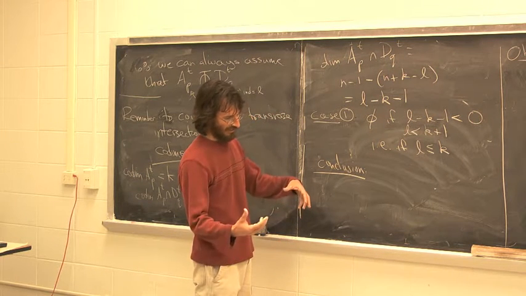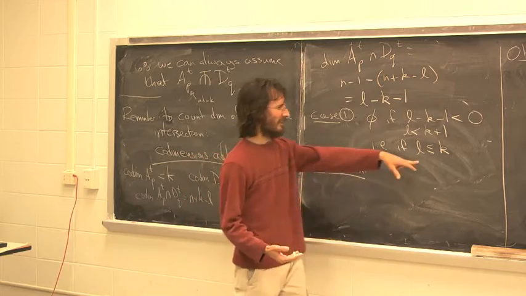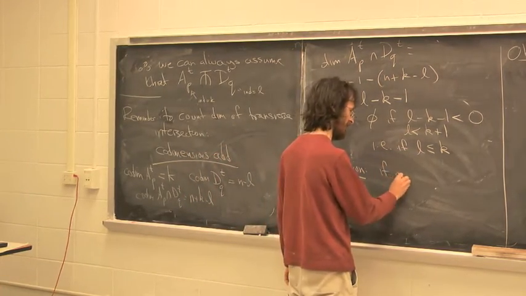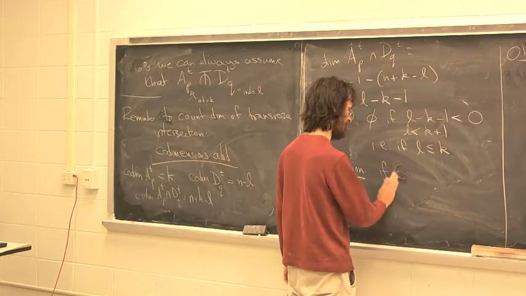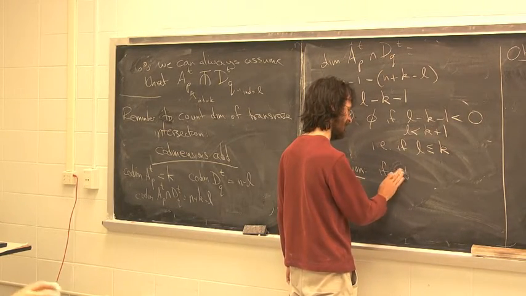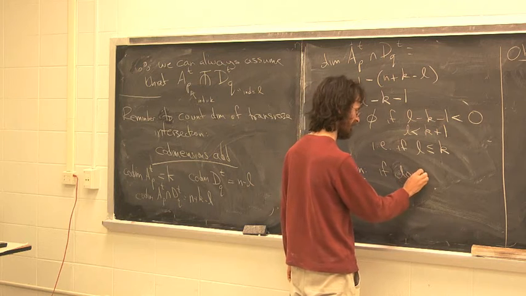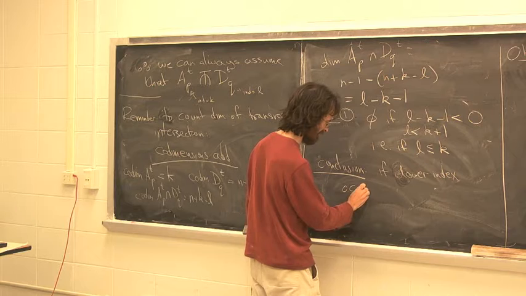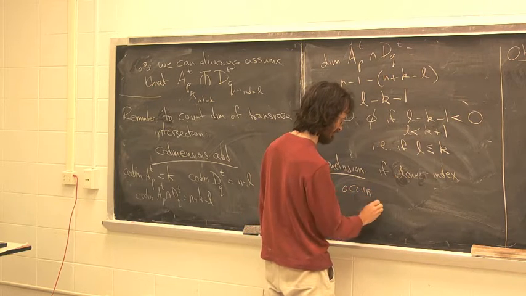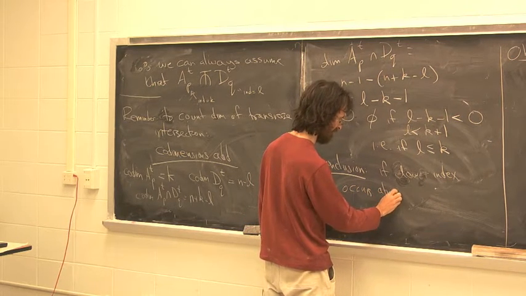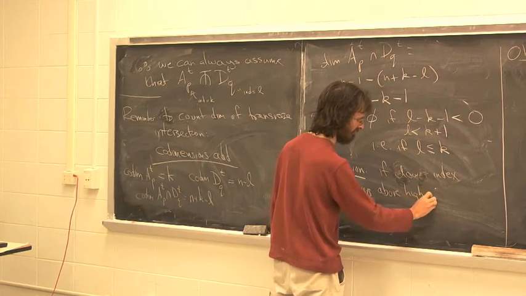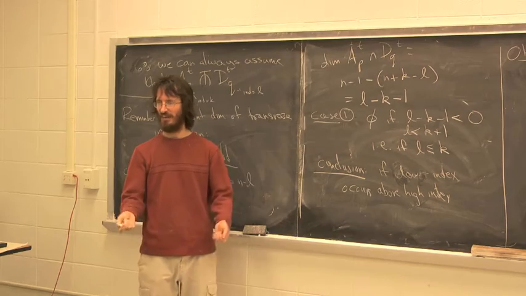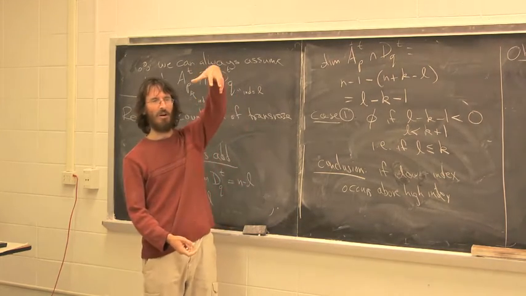If I attach, so first of all, look at the L less than K case. If a lower index occurs above a higher index, then in terms of the handle decomposition at least, it doesn't matter, you don't have a one handle.